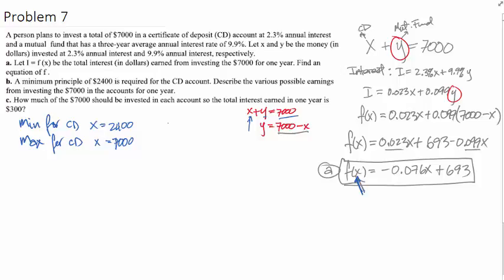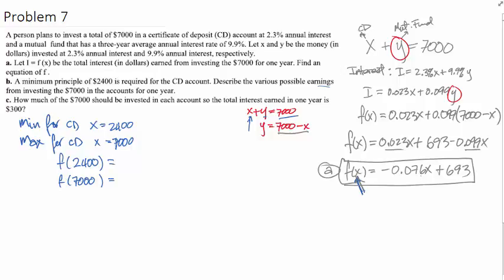And so what we want to do is essentially find the range of values here. Fortunately we have a function in terms of X already, so let's put $2,400 in for X and figure out our interest there, and then put $7,000 in for X. We can compute our interest and see the various possible earnings for our combination account.